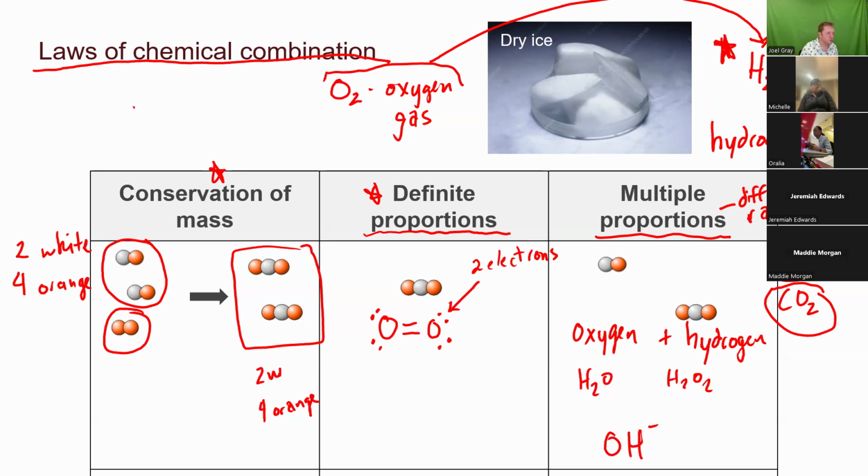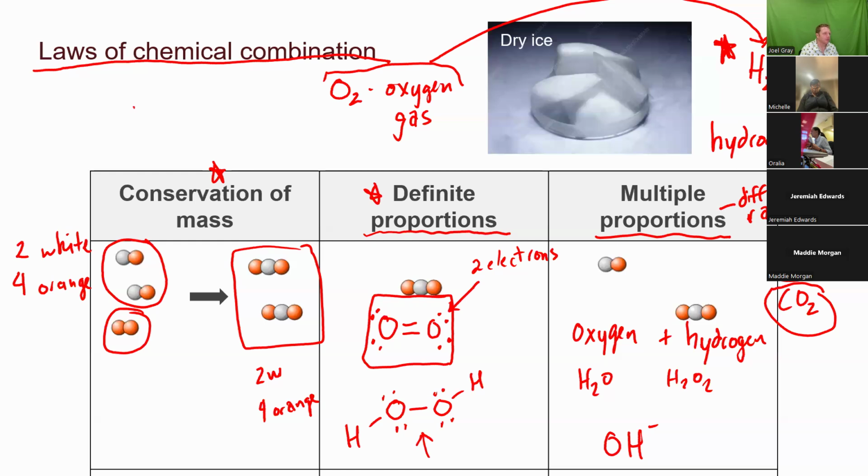Then H2O2 looks like this. And this is tricky because this is a subtle difference. But one thing worth noting is that this molecule right here has a double bond between these 2 oxygens.